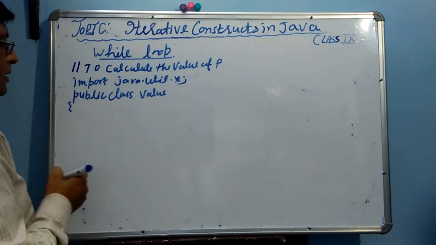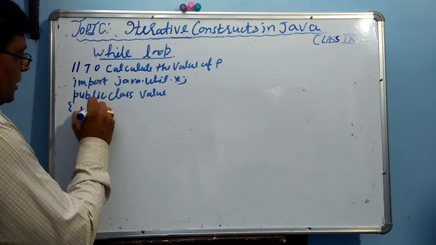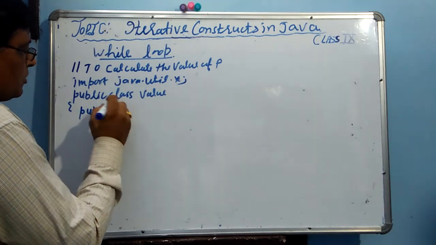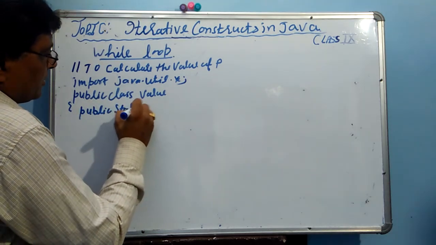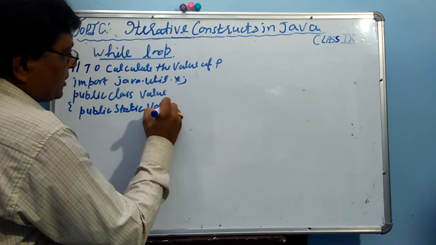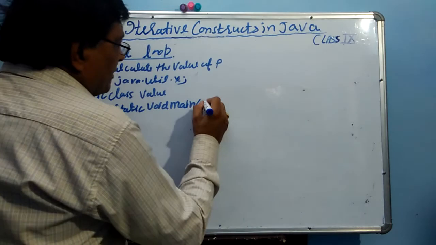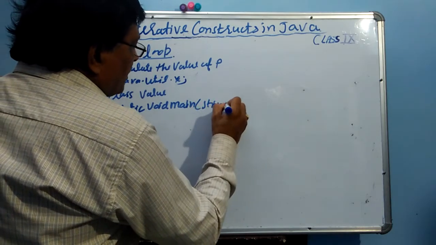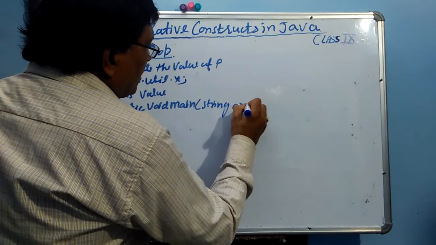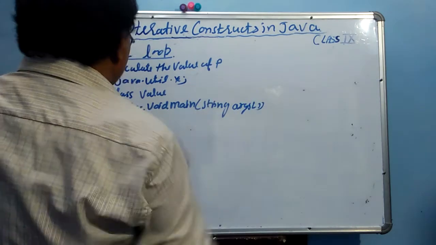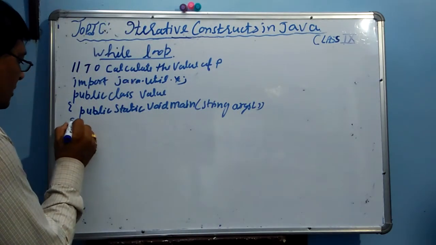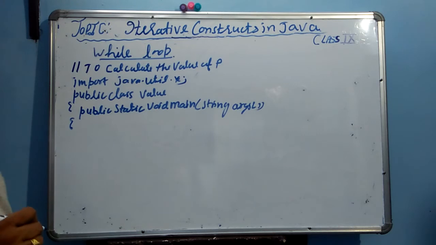Now we have to define the main function: public static void main(String args[]), then open brace.